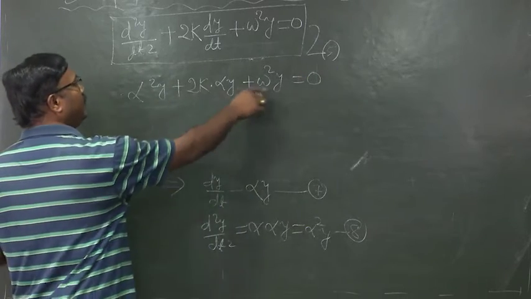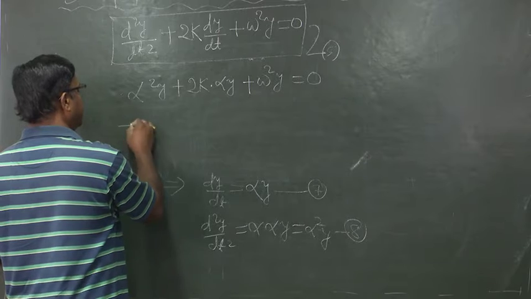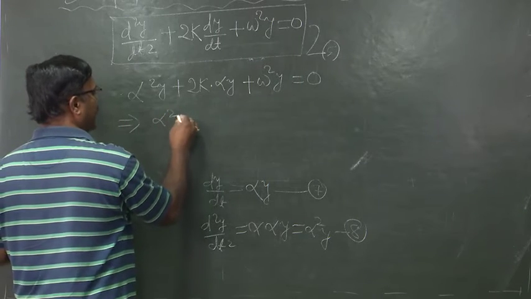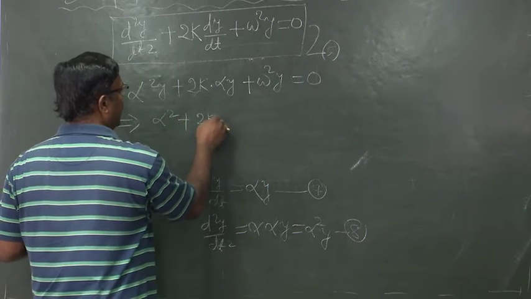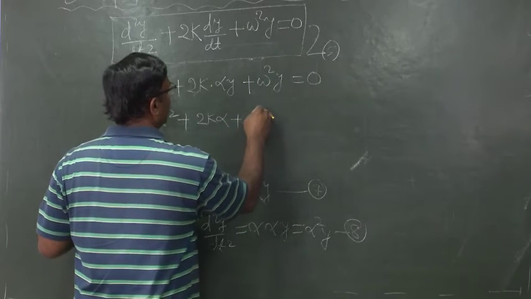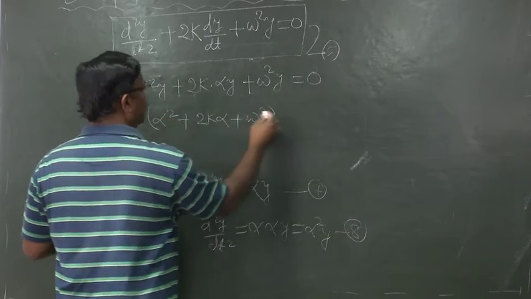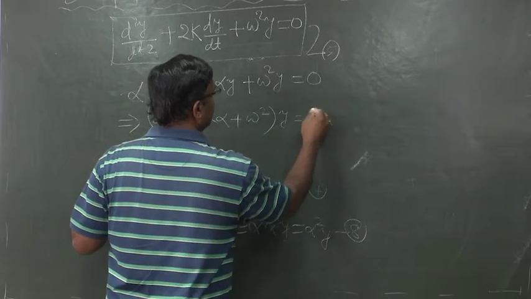Now, taking y as common, we can write alpha square plus 2k alpha plus omega square whole into y is equal to 0.